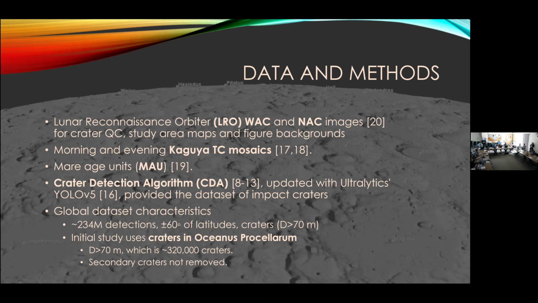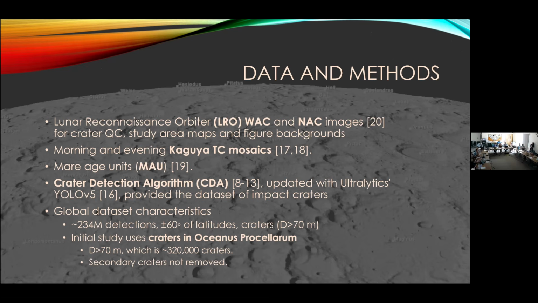I think that's been updated a few iterations. Based on that crater detection algorithm, it was applied to the Moon, with 234 million detections between plus and minus 60 degrees latitude, for craters 70 meters and up. For our initial study, we've got to pare that down a little bit, over 200 million craters being a lot to deal with.